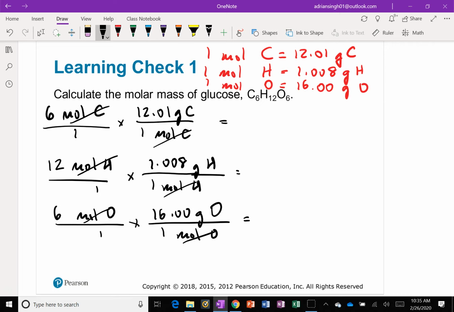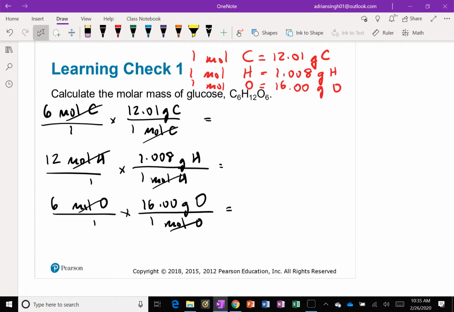So we use the molar masses, right, that I gave you. You can get them from the periodic table, together with how many of each of those elements you have in the chemical formula. Right, so we have 6 carbons. So that would give 6 times 12, which is 72.06 grams of carbon. Right, we have 12 H's. Each mole of H is 1.008.